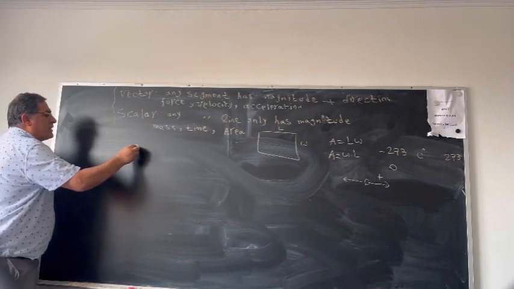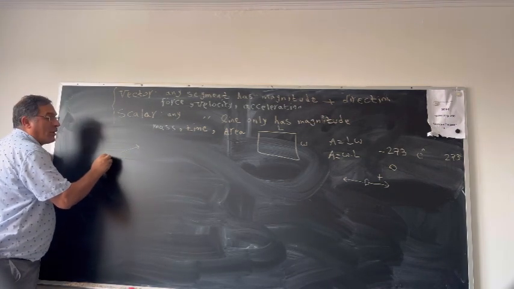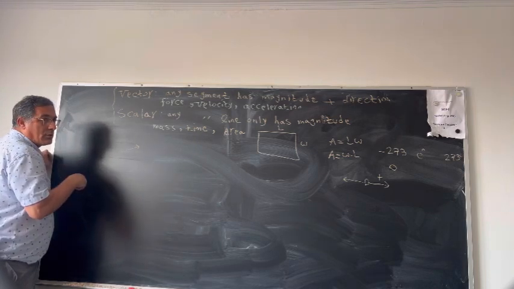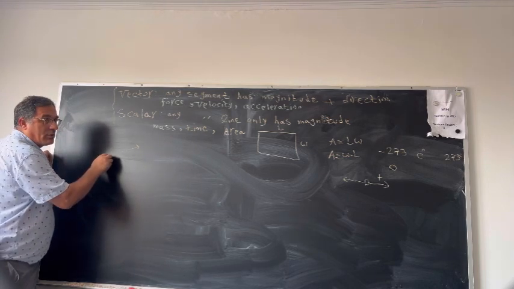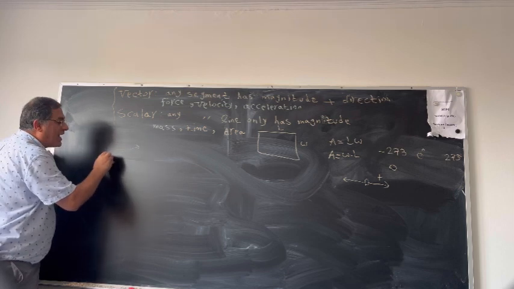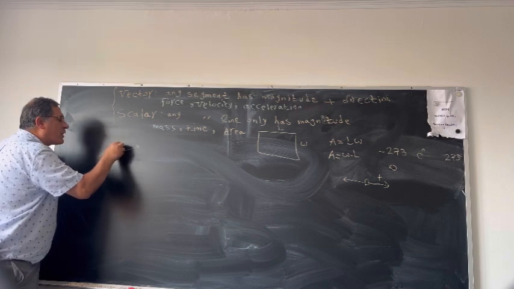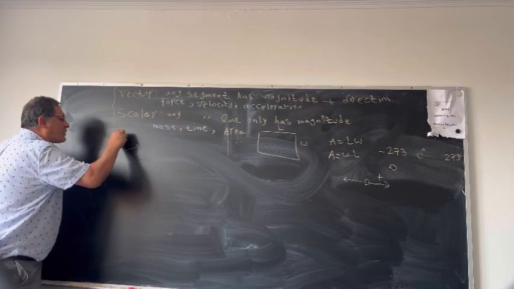Vector, here you see a segment line. What is the name of this point? Tail and tip. This is vector A. You put the arrow on top of the vector.